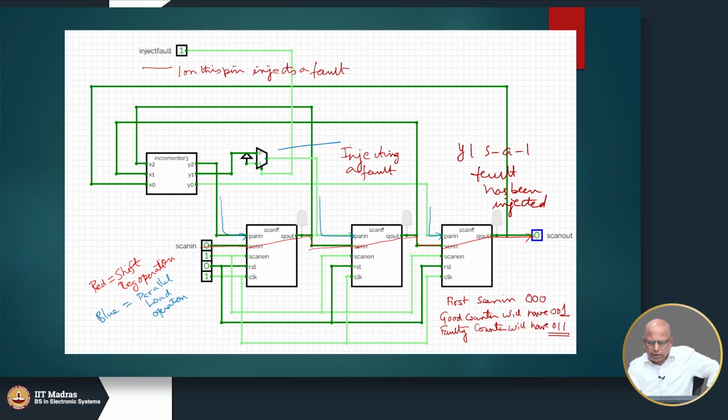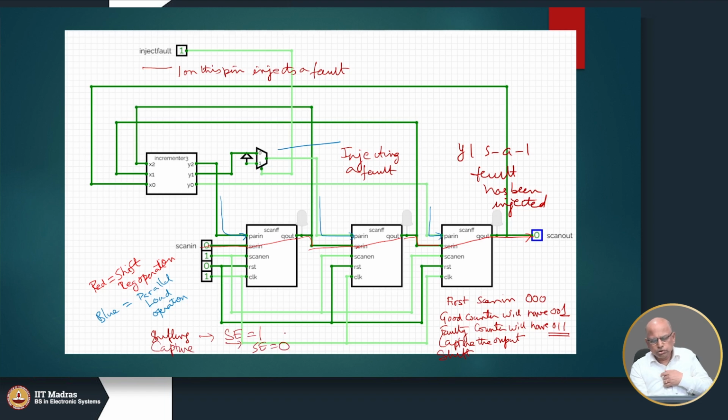And then capture the output and then shift. During shifting we have to have scan enable equal to 1, during the capture scan enable equal to 0.